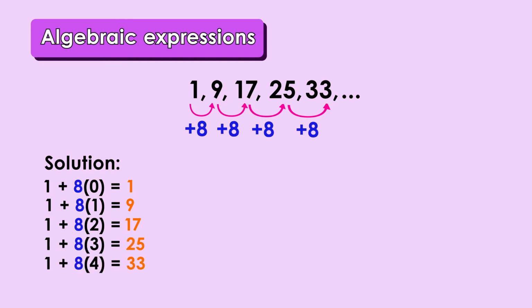Can you see the common pattern in finding the term? What is the only difference? Yes, correct. The difference is the number in the bracket, which are 0, 1, 2, 3, 4.